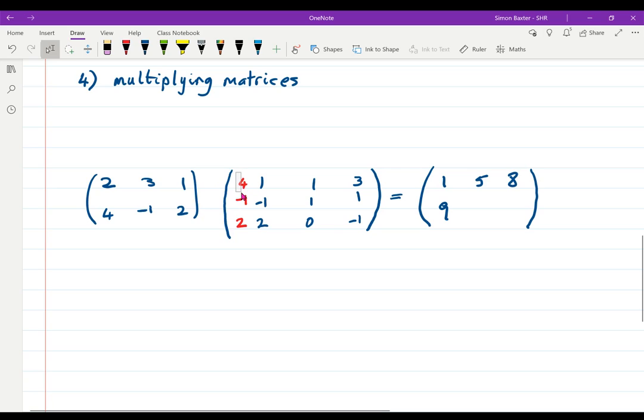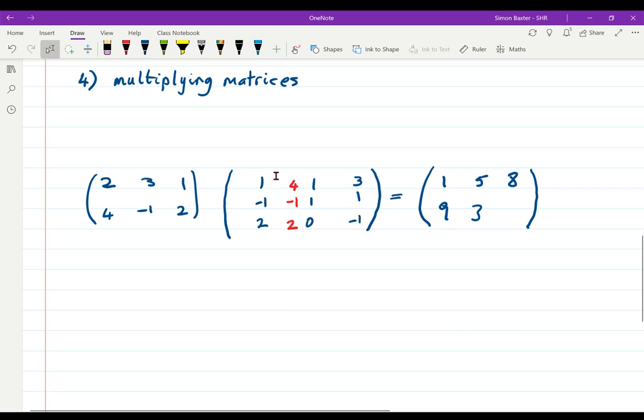Take this and move it along. And now we're in a position to work out this number, which is the number in the second row and second column. So it is the second row turned on end times the second column. This gives us 4 minus 1 plus 0. So that is 3.